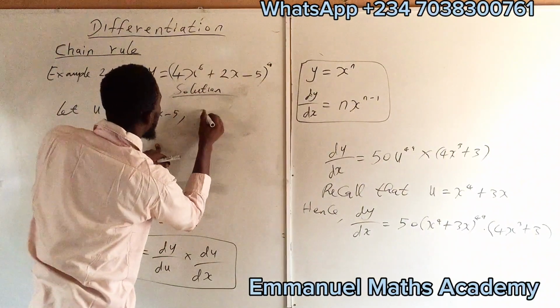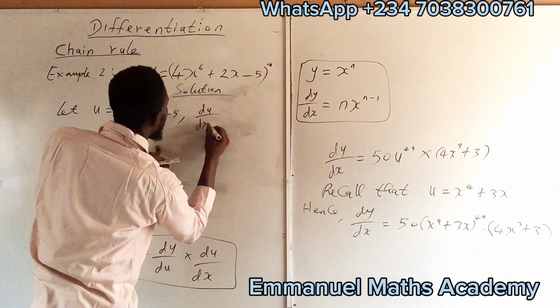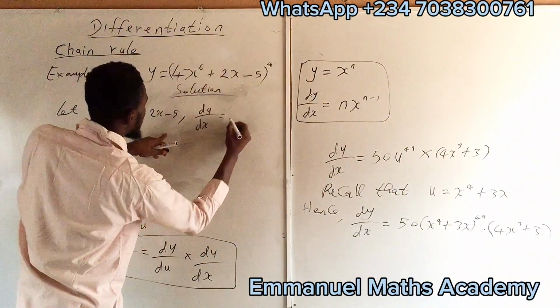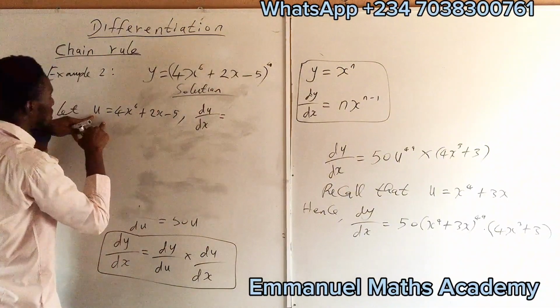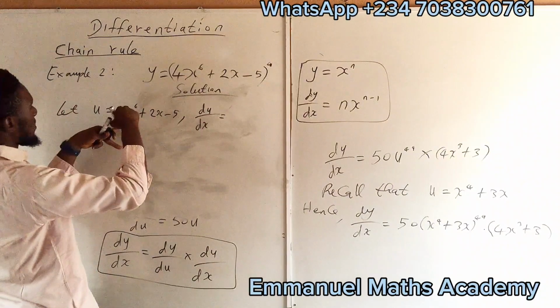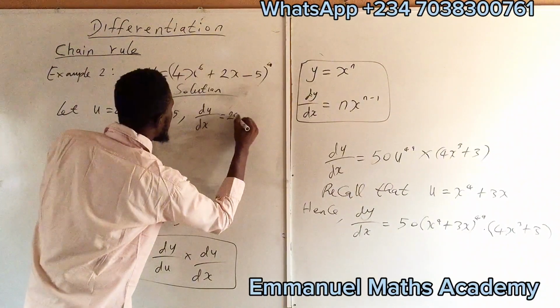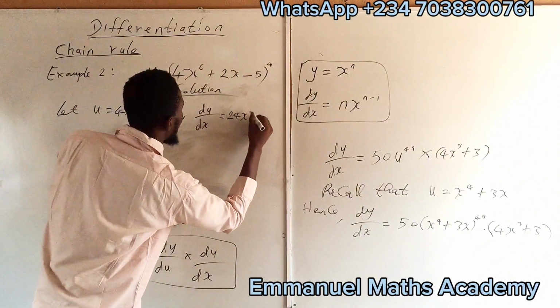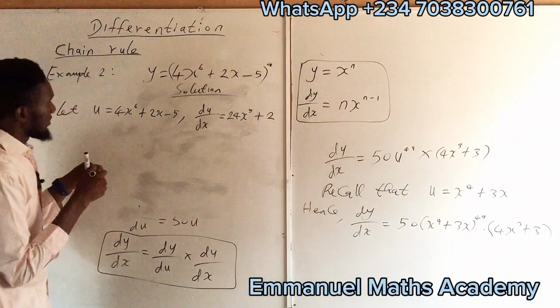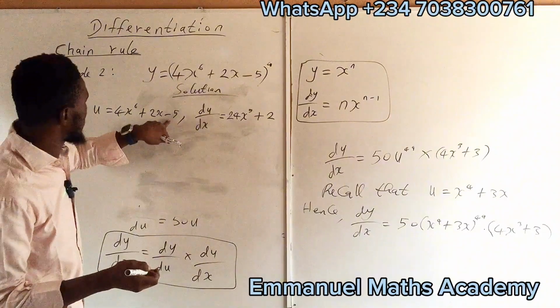Then automatically our du dx will now be what? Differentiating u with respect to x, 6 times 4 will give you 24, so 24x power 5 plus 2. The constant differentiates to give you 0.